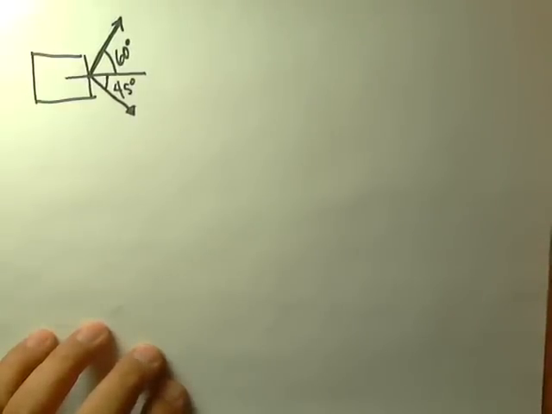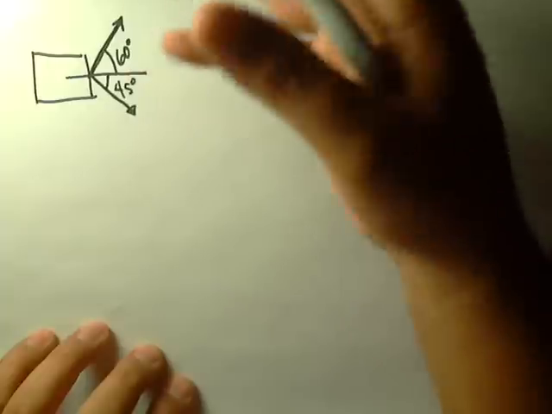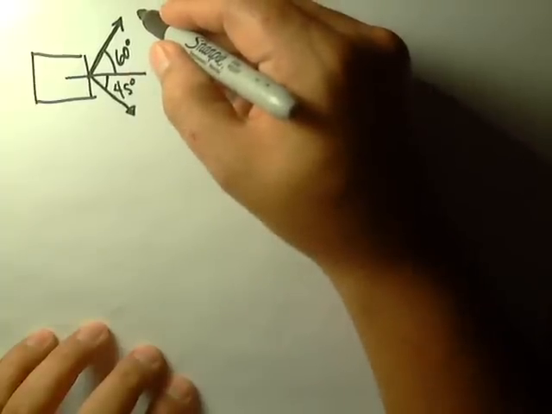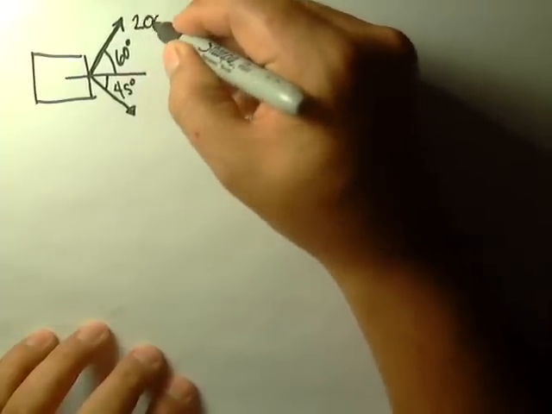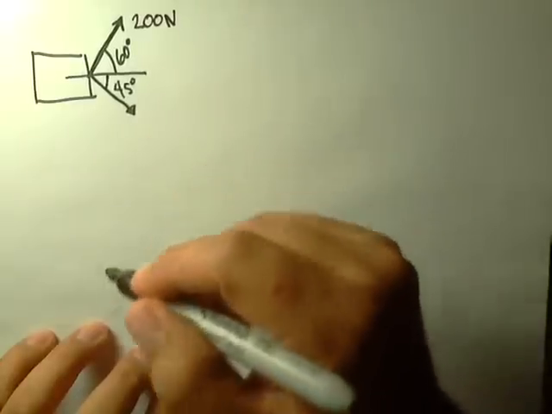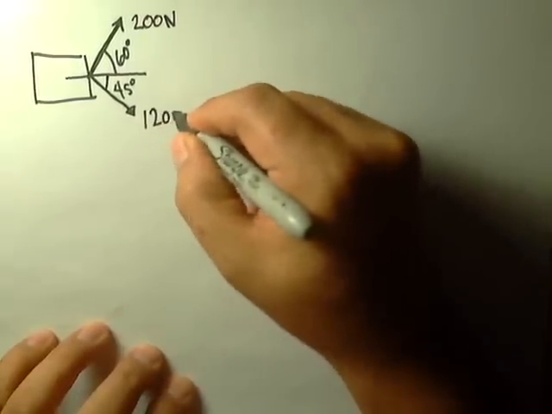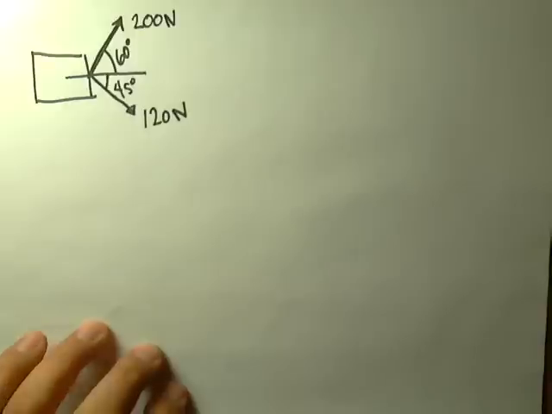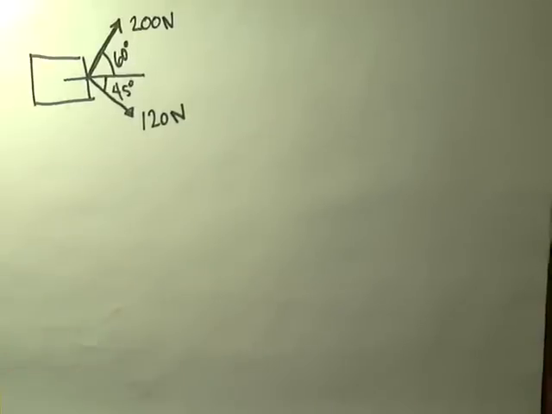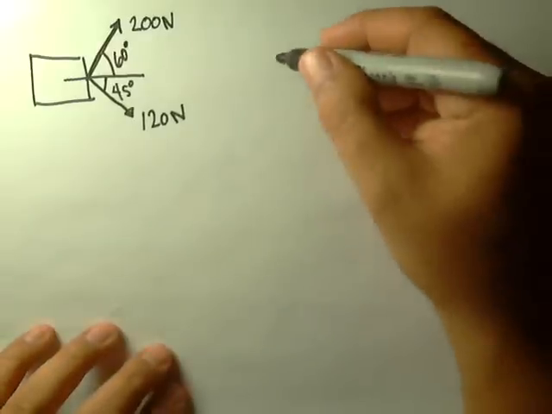Basically what we need to do is get the forces that we will be dealing with. Let's see, 200 newtons on this one and 120 newtons on this one. Okay, so let's start this up, and what we will need to do is very simple.